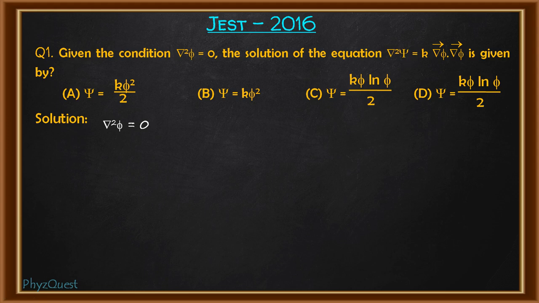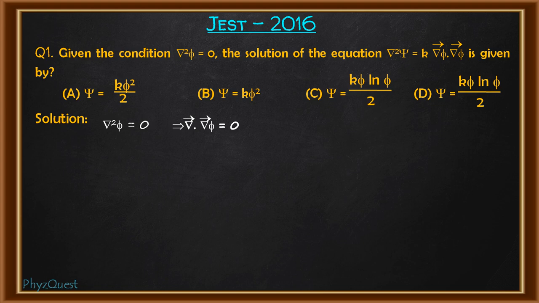So we are given here del square phi is equal to 0. Now this is the Laplacian operator expression. Del square phi can be written as the divergence of gradient of phi, that is del dot del phi is equal to 0. Divergence always acts on a vector quantity, and when the divergence of a vector is 0, it means that vector involves constant components in the i cap, j cap or k cap direction.